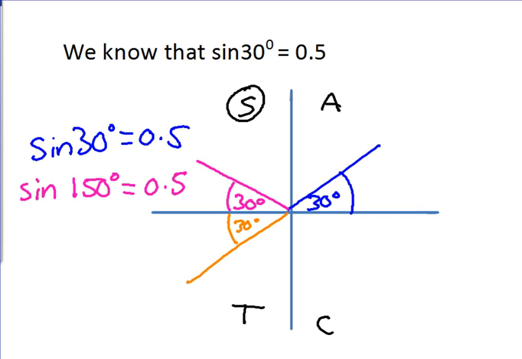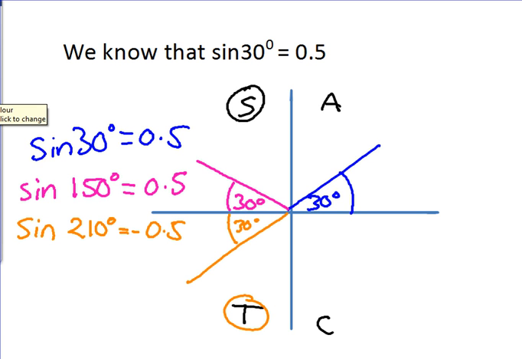And as we know, that's not 30 degrees, but it's going to be 180 plus 30, which will give us 210 degrees. And this time, sine 210 degrees will have the same value, 0.5, except it's in the third quadrant, and only tan values in the third quadrant are positive. So sine of 210 degrees will be minus 0.5.